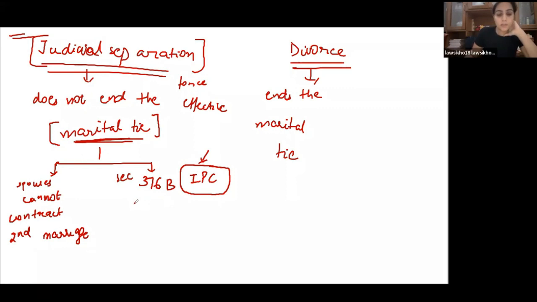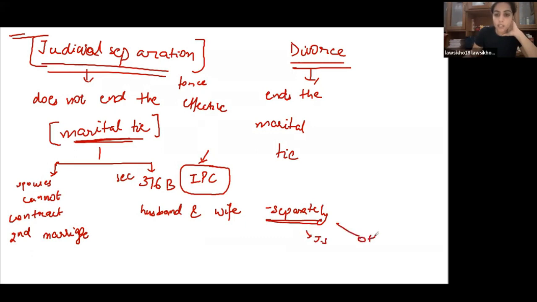It talks about if husband and wife are living separately, and such separation may be either through a decree of judicial separation or otherwise. Let's say they've fought with each other and they're not living together, but they have not obtained the decree of judicial separation.